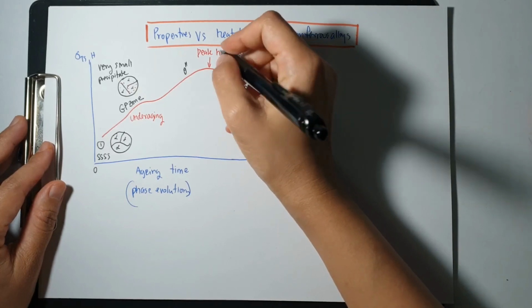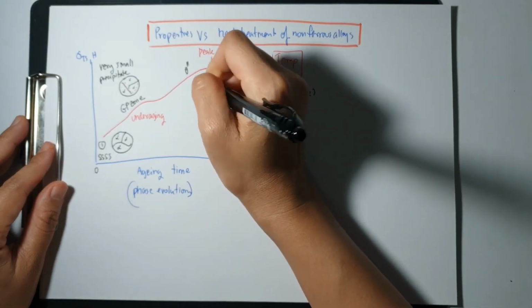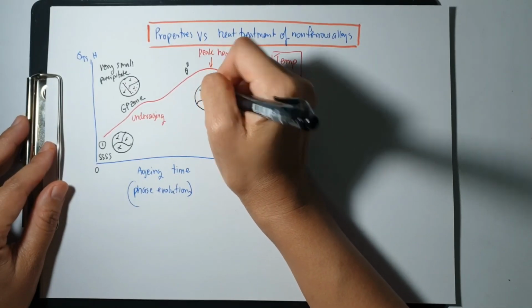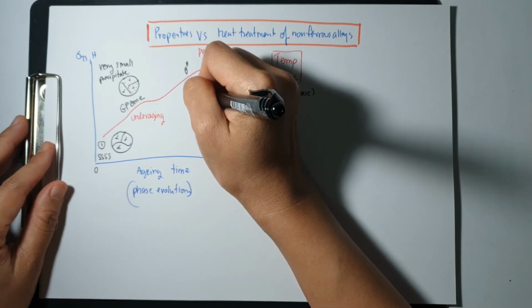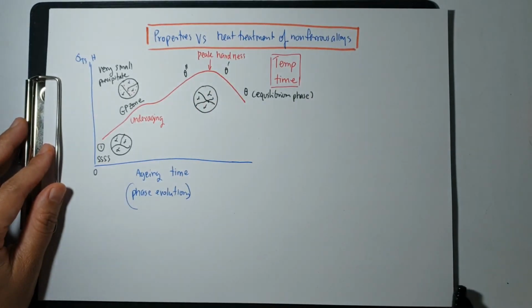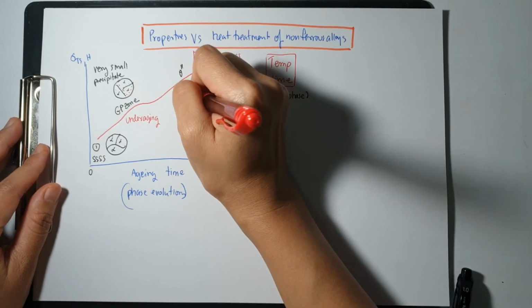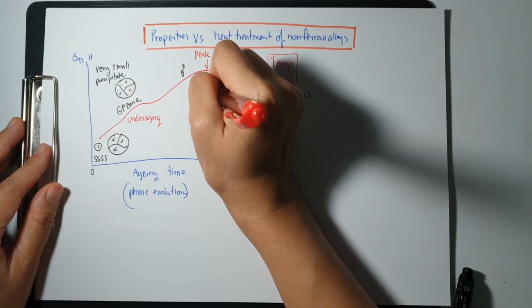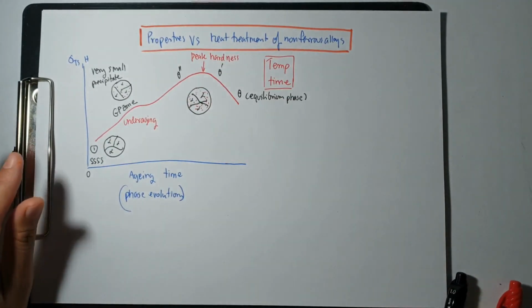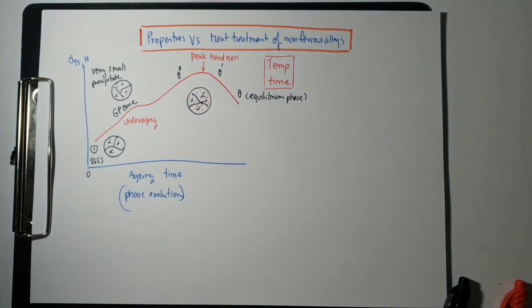With increasing aging time, the microstructure now we have the alpha and also the optimum size of the theta phase.